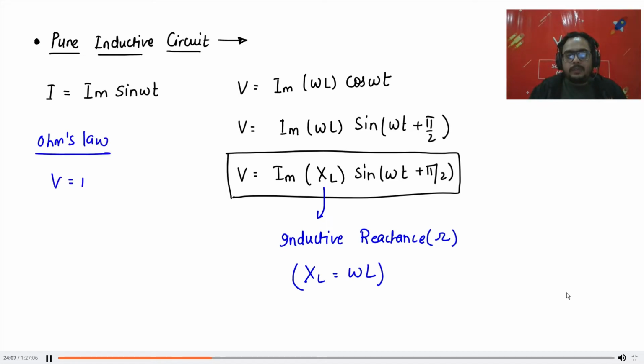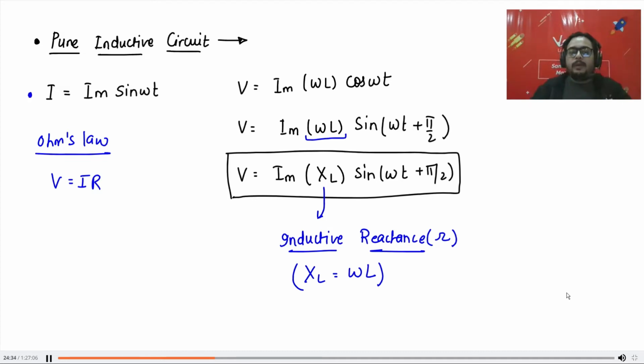According to Ohm's law, we know that V is equal to IR. If you have a resistor, V is equal to IR. But here we don't have a resistor. We have an inductor. So in place of resistance, a term is coming, which is behaving like a resistor. That is why we define another term called inductive reactance. Is that clear to everyone?